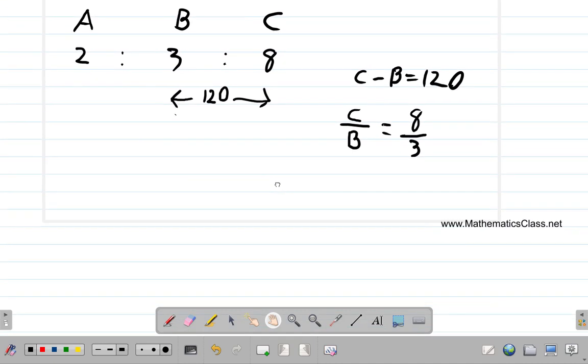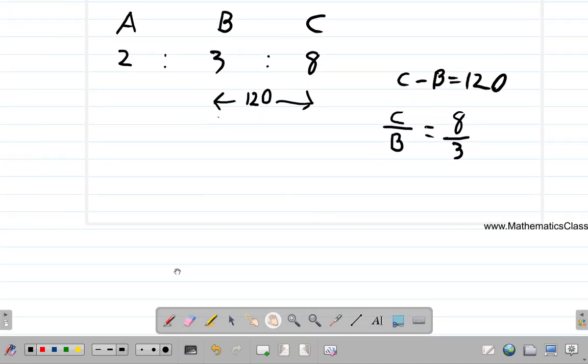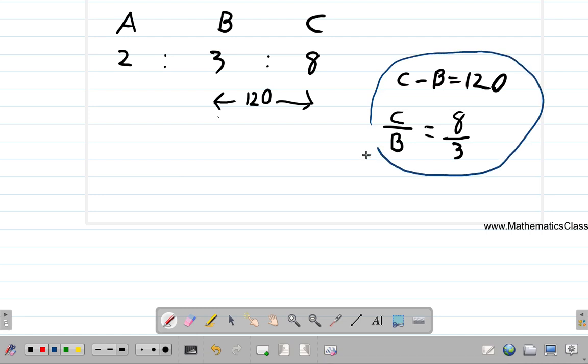Now let's see what happens with them. We're going to form equations from these. If you multiply both sides by B, in other words, you cross multiply. Cross multiplying is really a shortcut.